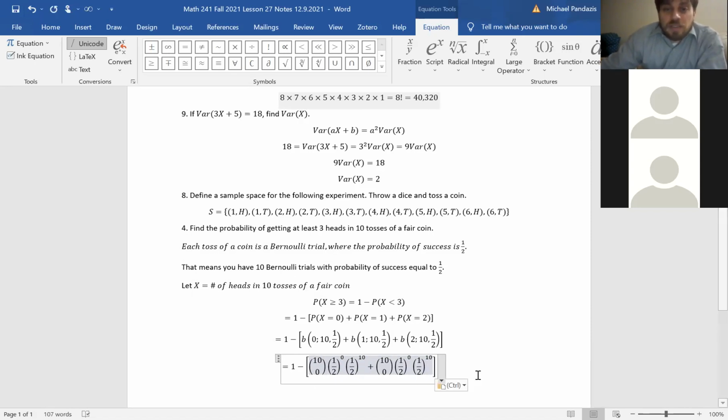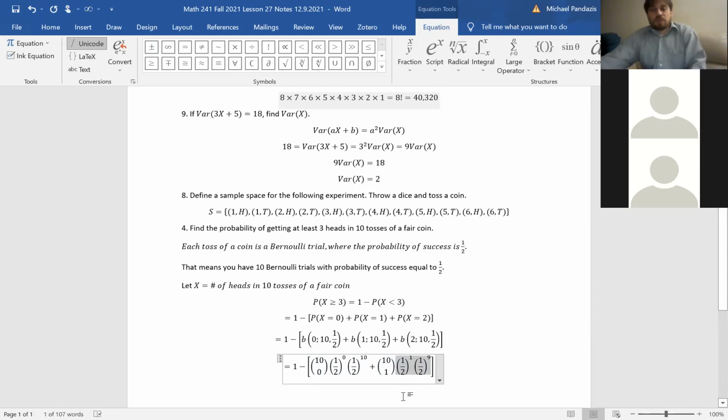Plus, now if you have 1 success, then you have a 1 here, and then this is a 9. So you have the number of ways to choose one of the 10 trials to be the success times the probability that there's 1 success. If the first trial was a success and the other 9 were failures, that would be the product of these 2 numbers, and then 10 choose 1 is the number of ways to arrange the 1 success and 9 failures.